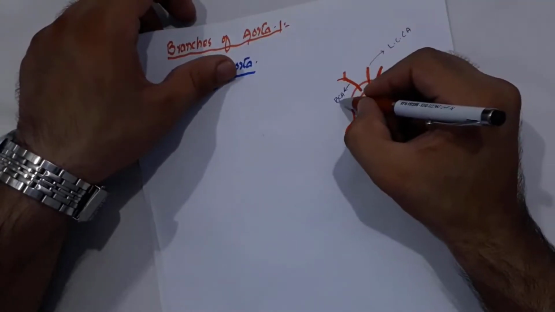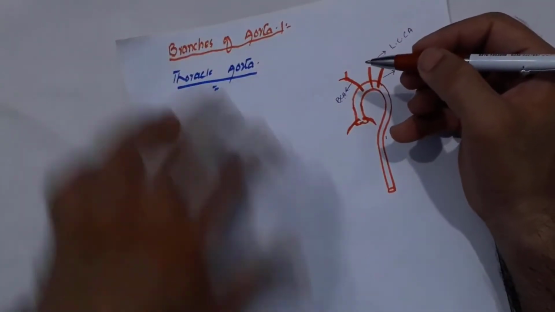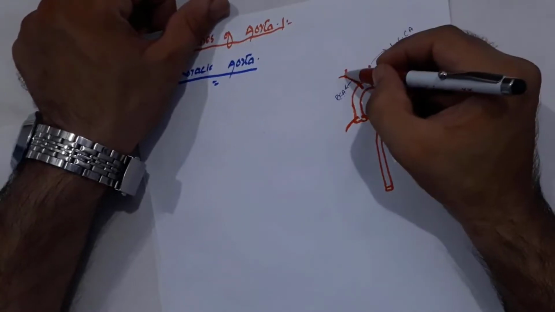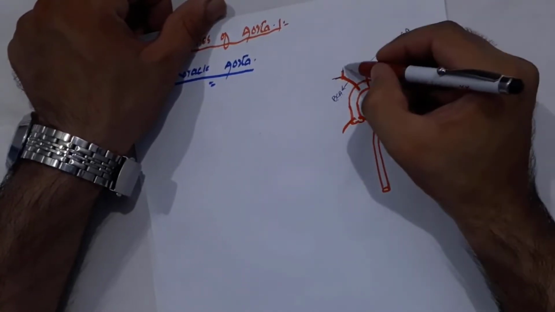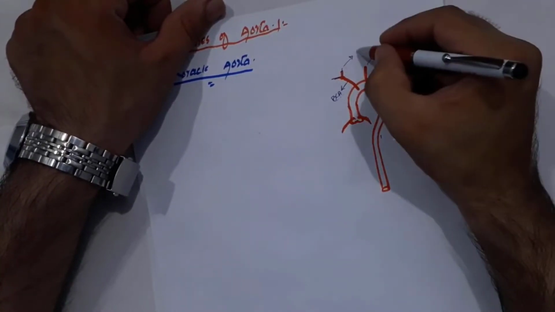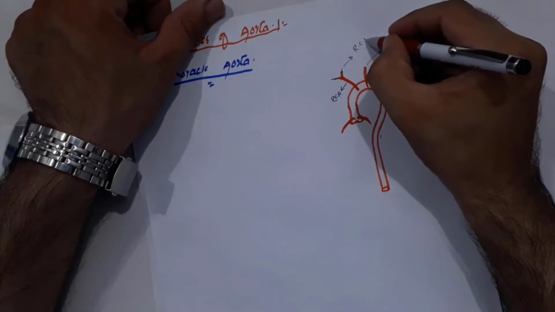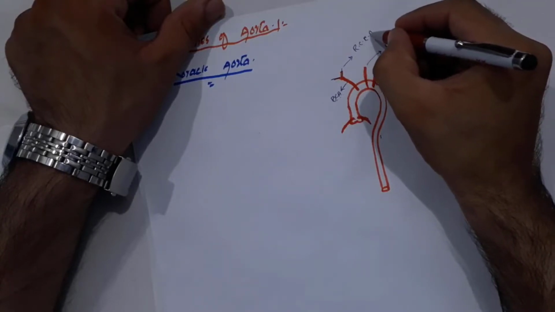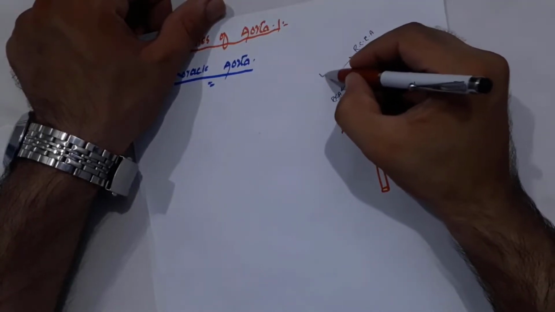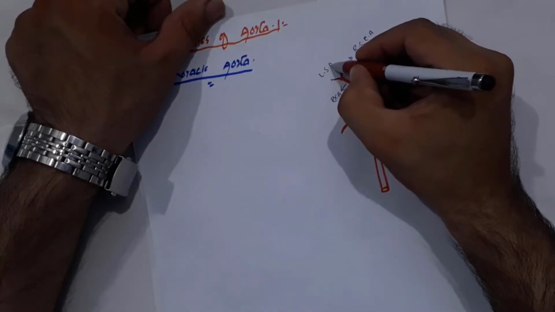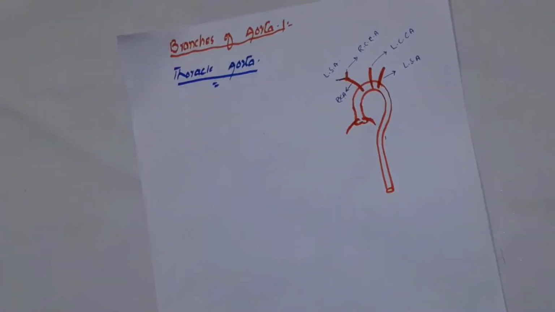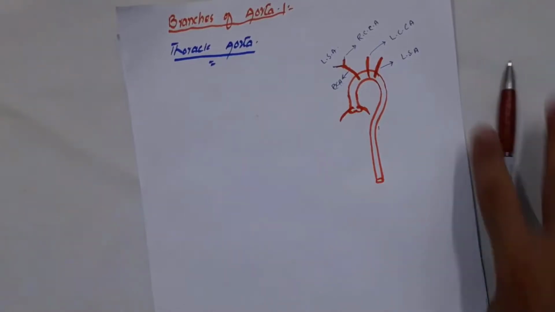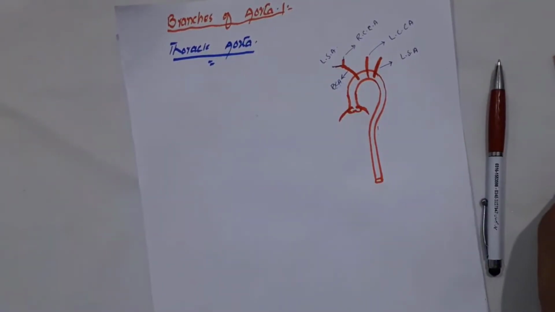This brachiocephalic artery, I will discuss all of them in detail, gives off two branches. This one is called the right common carotid artery, and this one is the right subclavian artery. Let's discuss these branches.